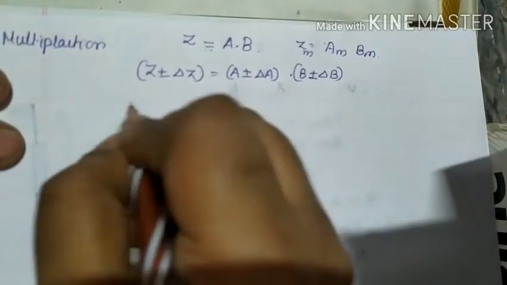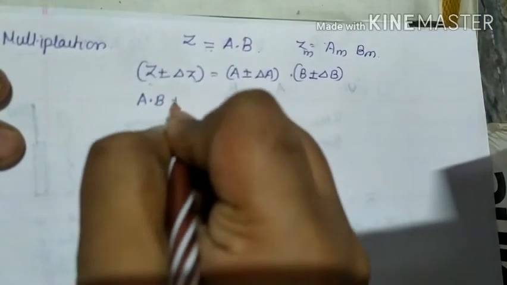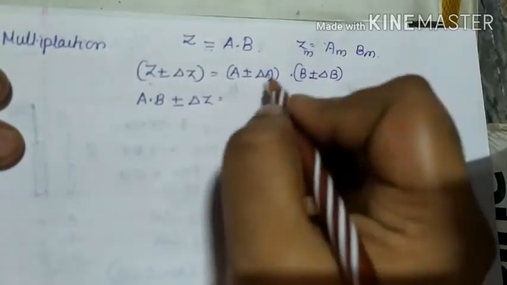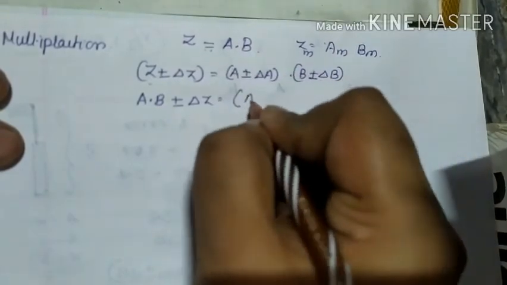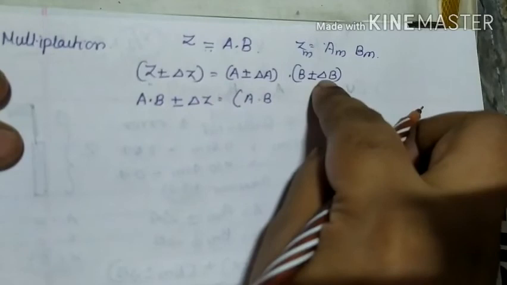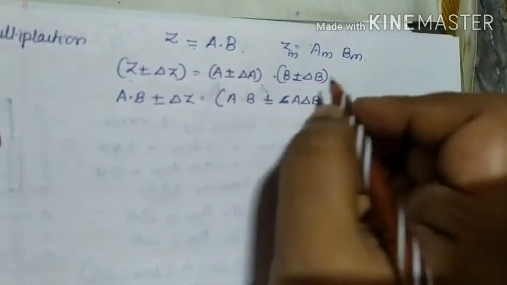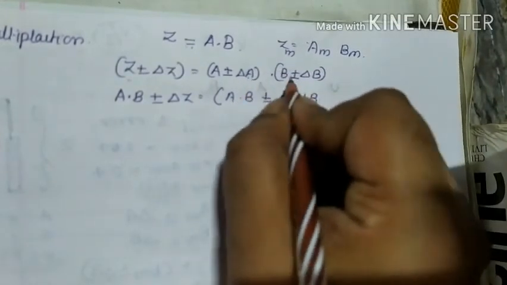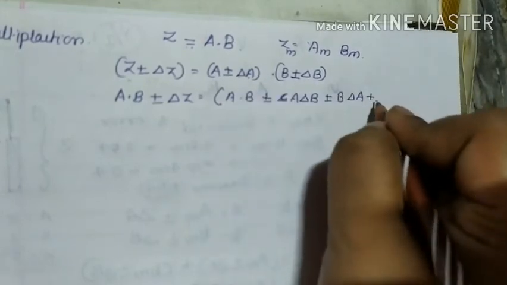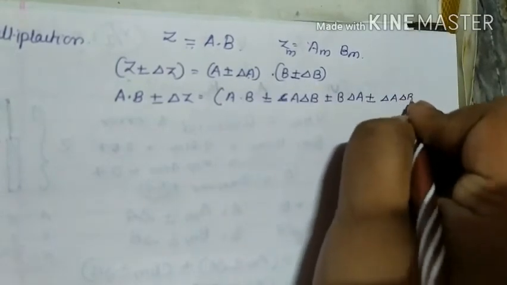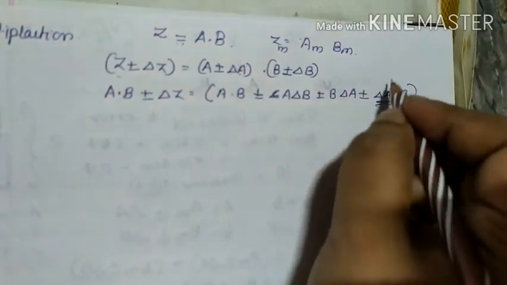Now in place of Z I'm going to write A into B plus or minus delta Z. So let's open the bracket, guys. It will be A into B, then A into delta B, plus or minus B into delta A, then there are two deltas, plus or minus delta A delta B. Now this term delta A into delta B is very small, guys.